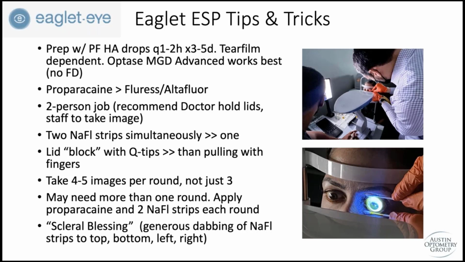So we just use the imaging for everything. The Eaglet is a tear film mapping device, kind of like your more traditional Placido disc devices, but this is using Fourier imaging. It projects 2 different grids onto the eye, and then it maps out the tear film that way.